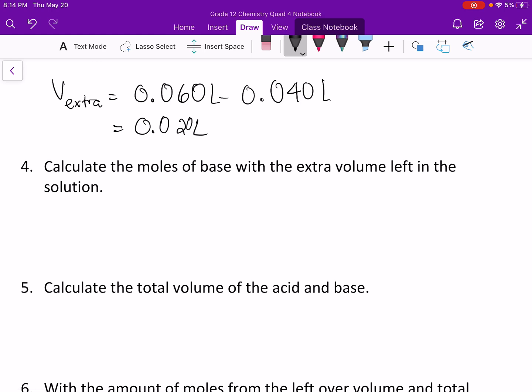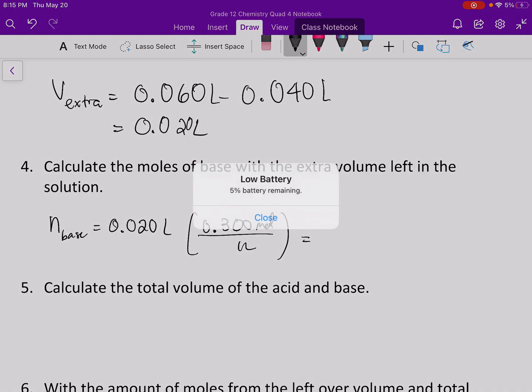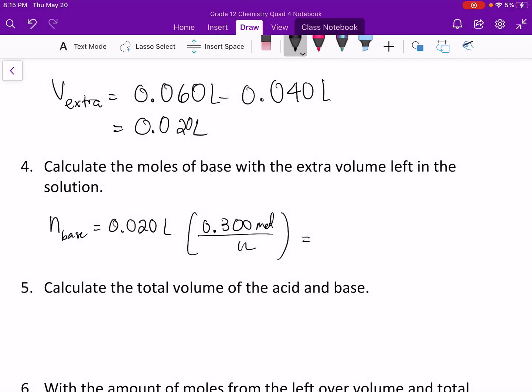Now I want to find the moles of my base with the extra volume left in the solution. I have 0.020 liters left in my solution, and my concentration hasn't changed from 0.300 moles per 1 liter. This gives me a new amount of moles, 6.0 times 10 to the negative 3 moles of NaOH.